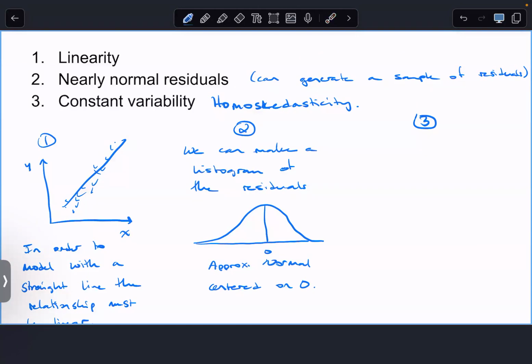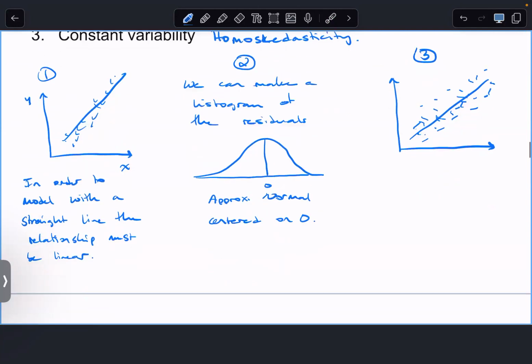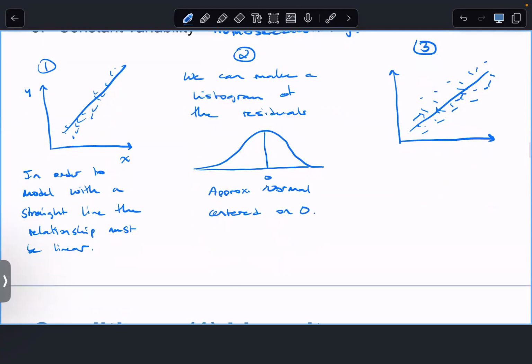Now, what does that look like? Around the line, you've got relatively constant scatter around the line. So here, this is constant variability.